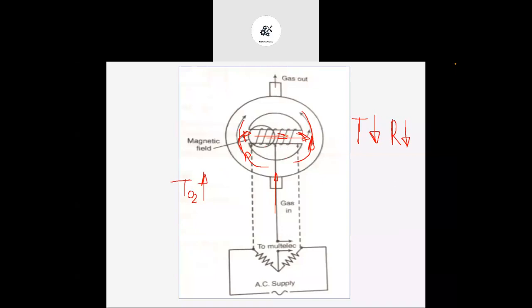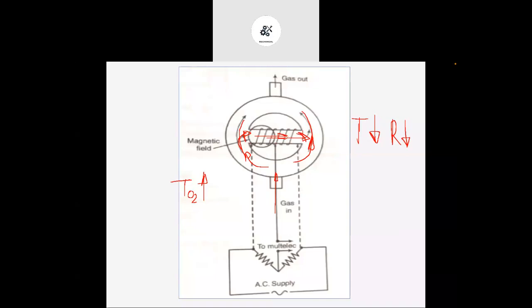Now, during that, what will happen? The temperature of this winding will reduce, because the heat generated by that particular winding has been absorbed by the oxygen gas, right? So as temperature decreases, its resistance will decrease, and that will cause the unbalance. That unbalance is used to measure or indicate the quantity of oxygen inside the flue gases.